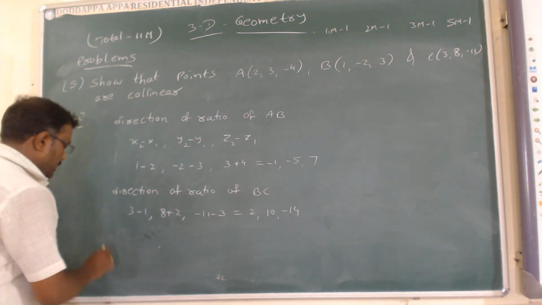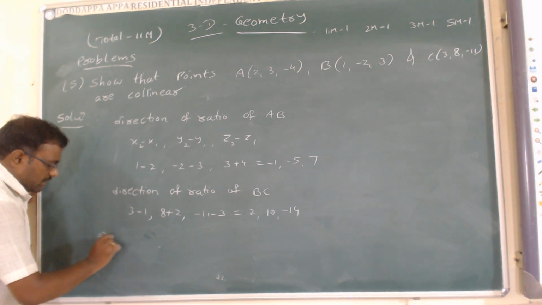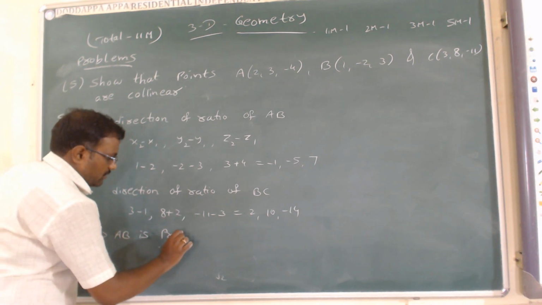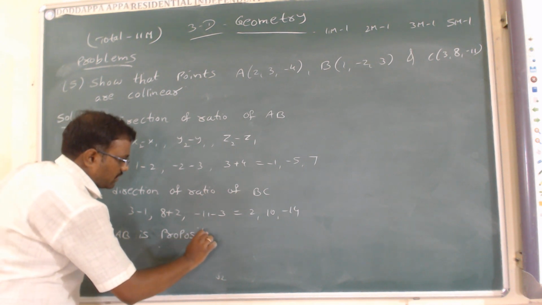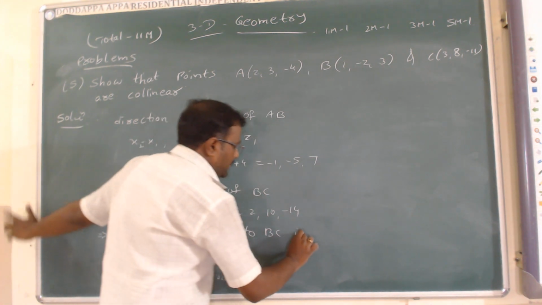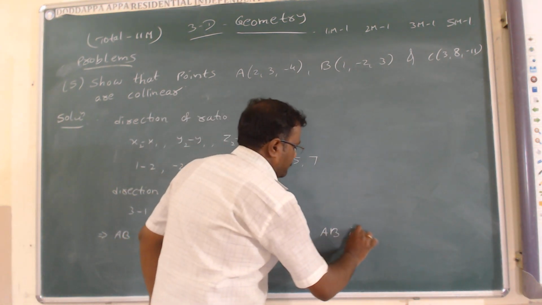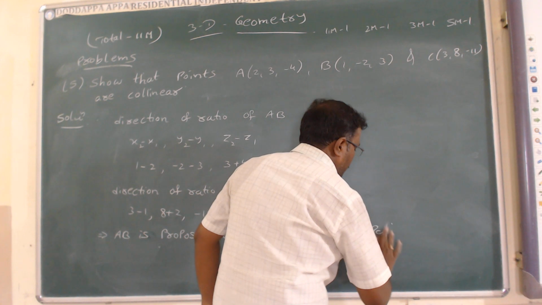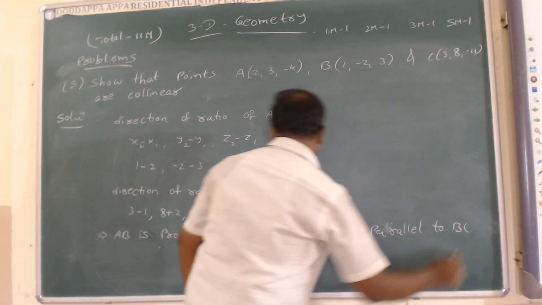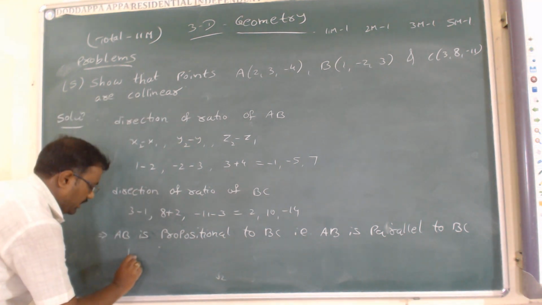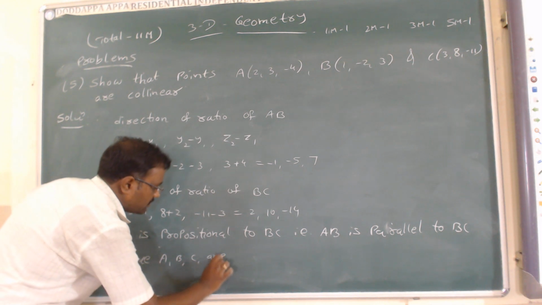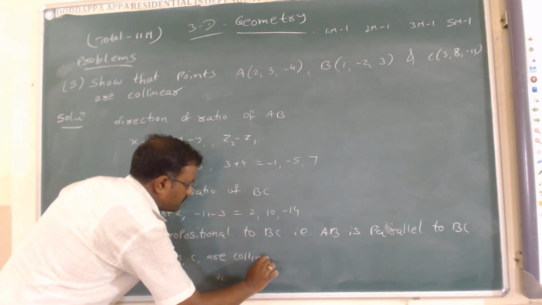So we are clear that AB is proportional to BC, that is AB is parallel to BC. So hence A, B, C are collinear.